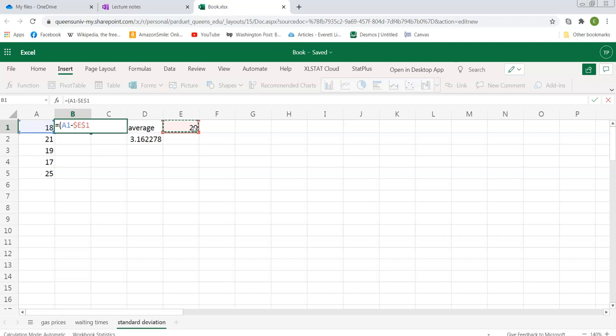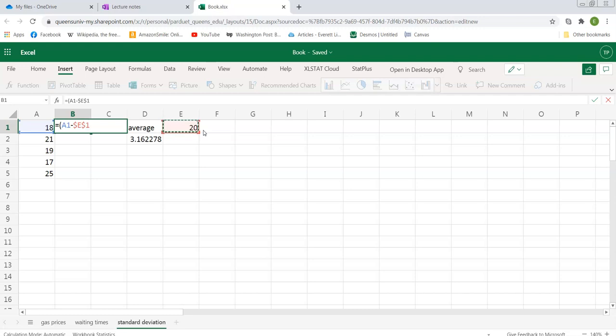If you hit the F4 button, or whatever it is on a Mac that's equivalent, it'll put these dollar signs in here, which will fix this cell reference so that when you copy it down, it'll always refer to this cell. This is another one of those things that is good form, and I want you to get in the habit of doing it that way.